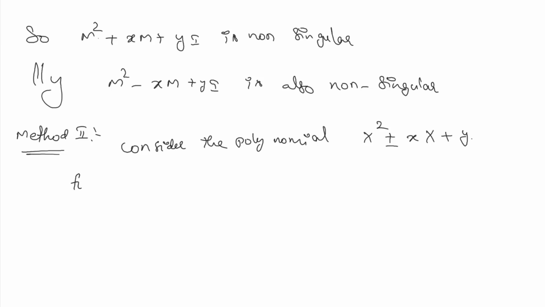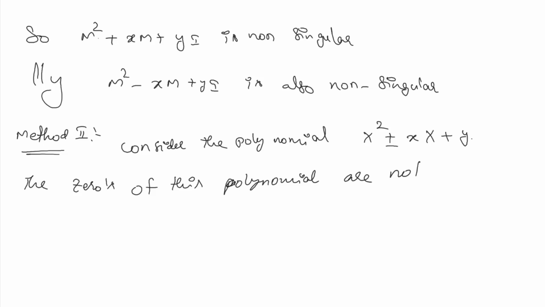So the zeros of this polynomial are x equal to minus x plus or minus square root of x square minus 4y, divided by 2.